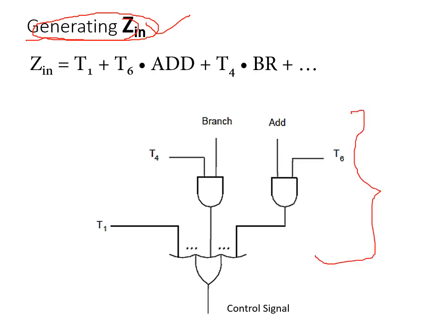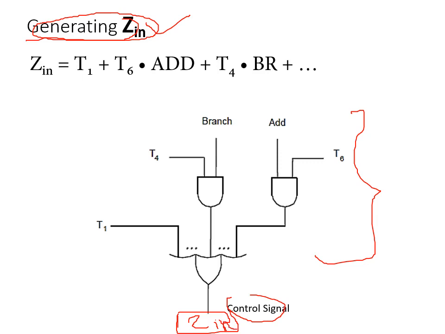Hardwired means there is a circuit we have actually designed, a physical circuit using gates, to generate the control signal. In microprogram control there is no physical circuit we have to design. I will explain this again later. Whatever control signal we have to generate, we have to transfer it to, if you have seen my previous slides, the Zin circuit.